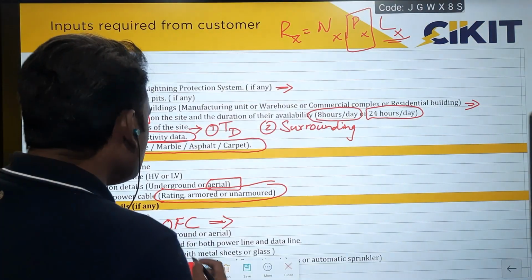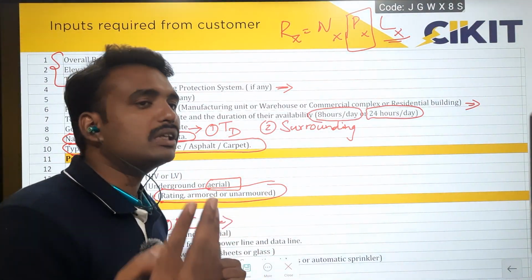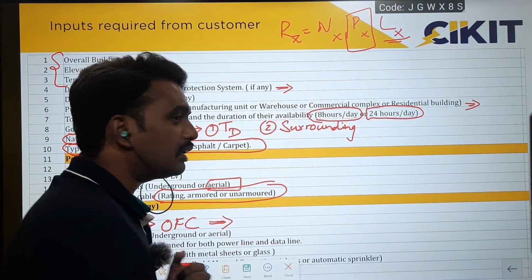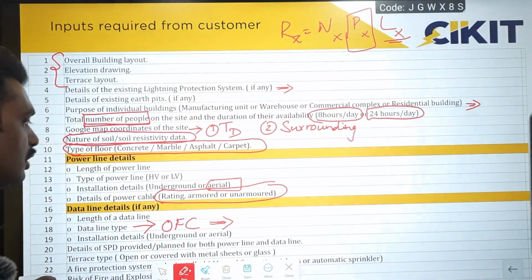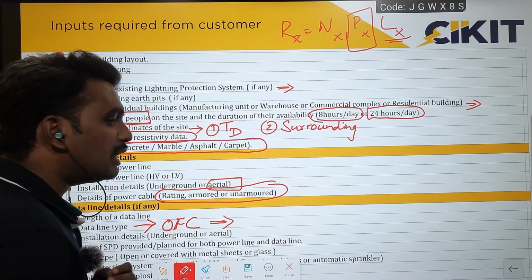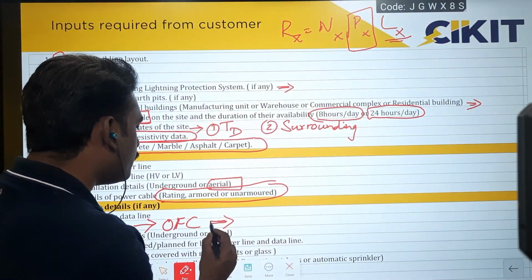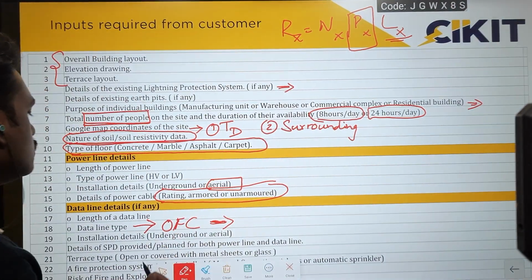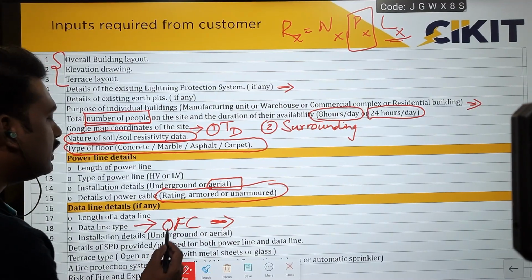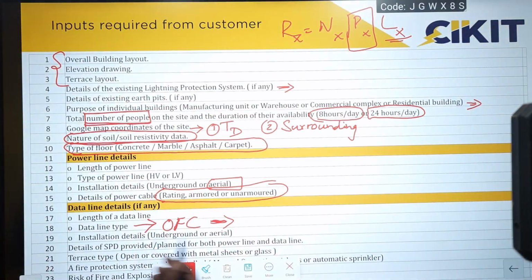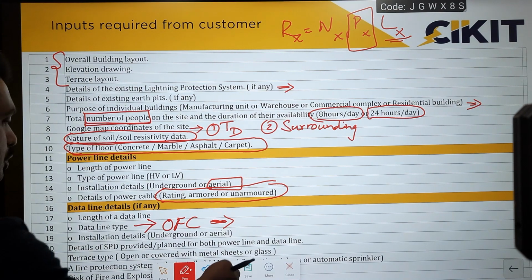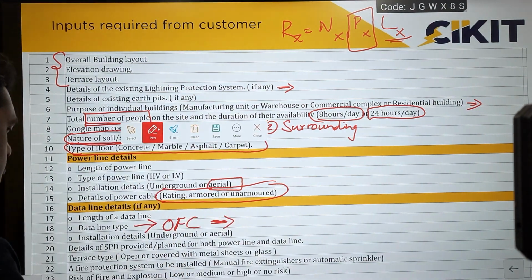So there is no need for providing surge protection devices for this OFC cable because it does not contain any metallic conductive parts. The conduction takes place in the form of light only. So we won't be providing surge protection devices for OFC. We need to understand what type of cable they are using and what type of conductors are provided. Based on that only we can provide suitable surge protection devices.